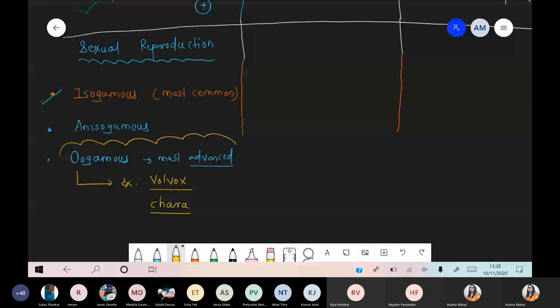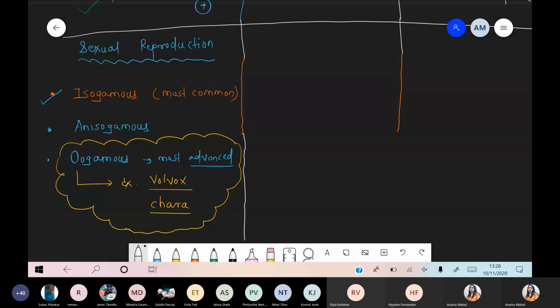In case of Chara, we also discussed this point: the sex organs are multicellular plus jacketed, which is very unique for green algae. And Volvox is motile, also called the rolling alga. So these are the sexual modes of reproduction in green algae.